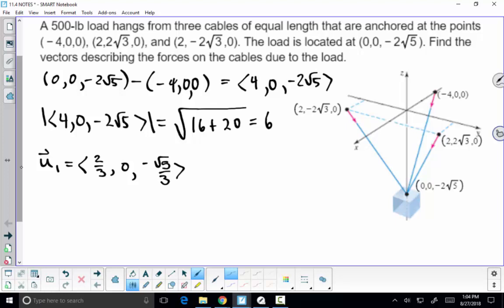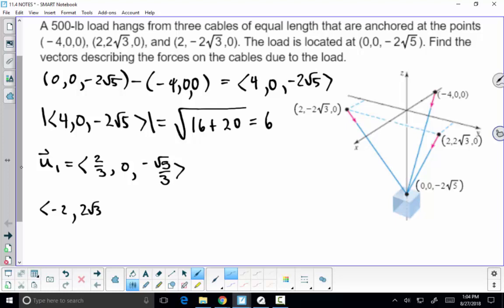Next one, let's see if we can do this a little bit more strategically instead of writing all that out. So our second one, let's take that minus that. I have to do it the other way, though, because of the way they pointed. So 0 minus 2, that's going to be negative 2. And then 0 minus 2 root 3, so that'll be negative 2 root 3.